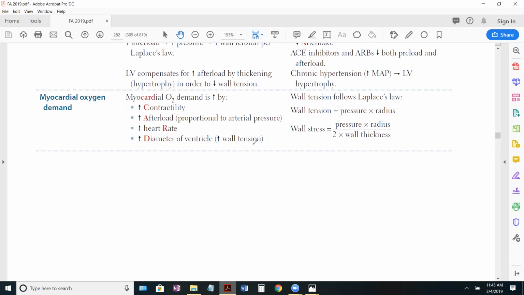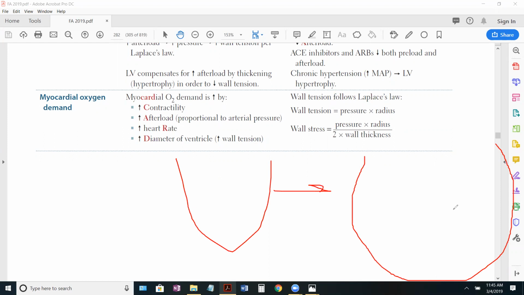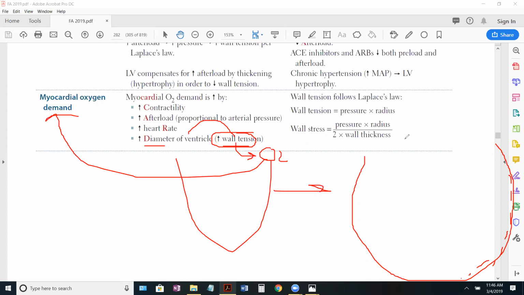If you just imagine the heart in your mind, and the heart becomes from this to this, then you can clearly imagine that the wall stress and tension on the heart muscle wall will be more. Increasing the diameter of the ventricle will increase the wall tension. And once the wall tension increases, the heart muscle needs more oxygen, and that will increase the myocardial oxygen demand.